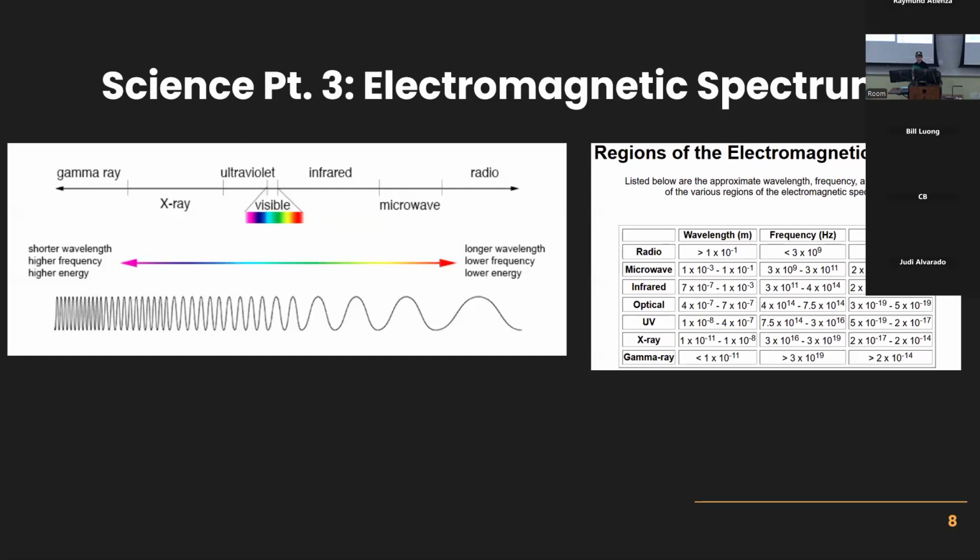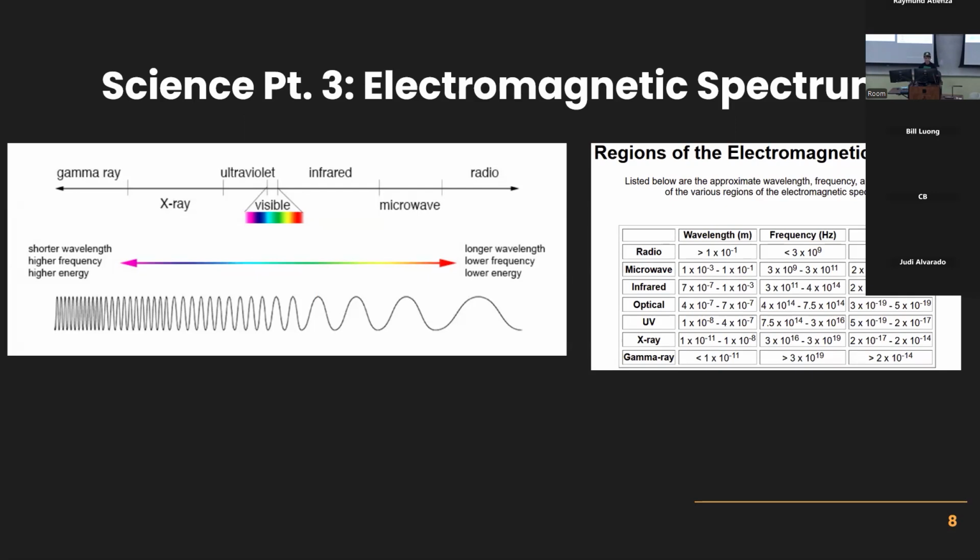Science part 3. I guess you can't go on with a radio frequency explanation without the electromagnetic spectrum. Just to make it easy for you, 3 times 10 to the 9th is just 3 gigahertz.